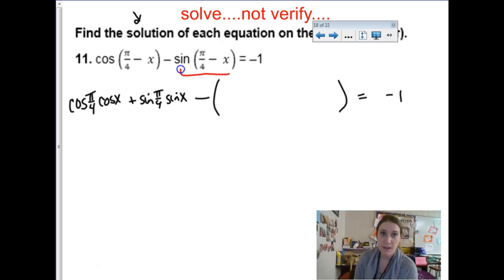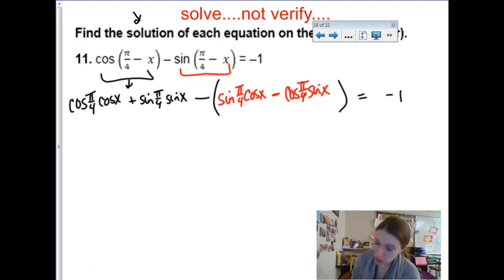So this was this expanded. Okay. So now this red part is sine, cosine, same sign, sine, cosine, cosine, sine. Alright. The gross.